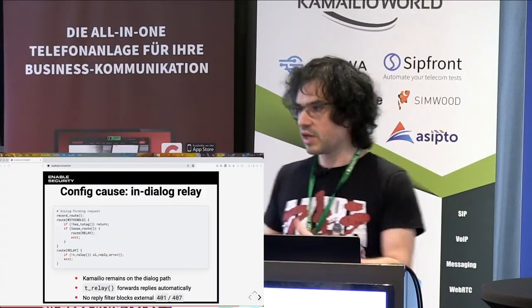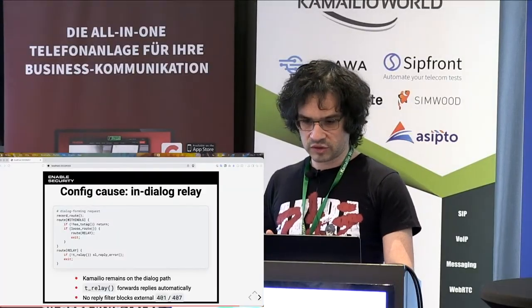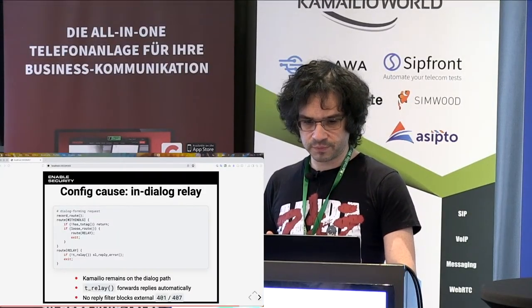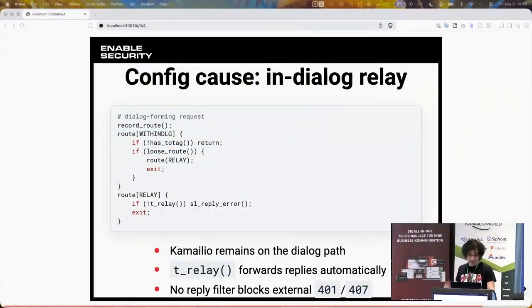It's because Kamailio is, in this case, proxying things. It's doing its job, but perhaps we should have a filter there to make sure external UACs are not challenging responses.